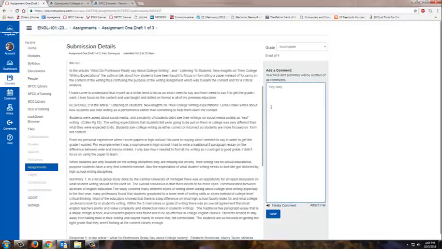So I am going to say, Katie, good job with the introduction, making it clear what will be written about the 2 essays and the need for students to move beyond format expectations.